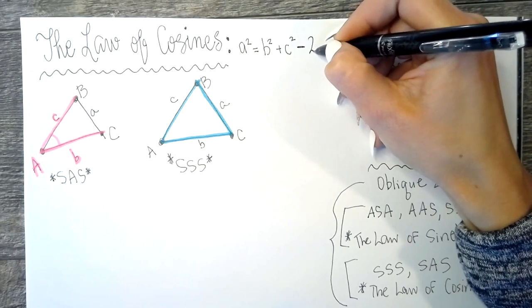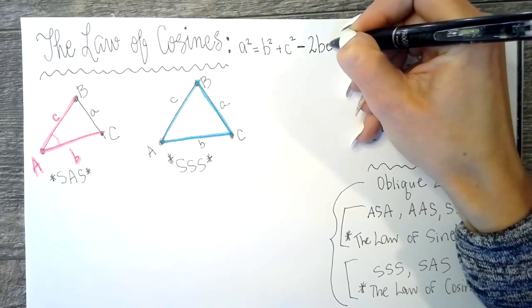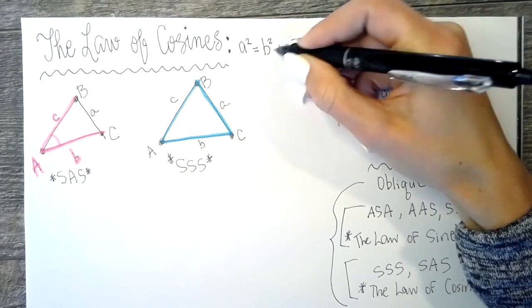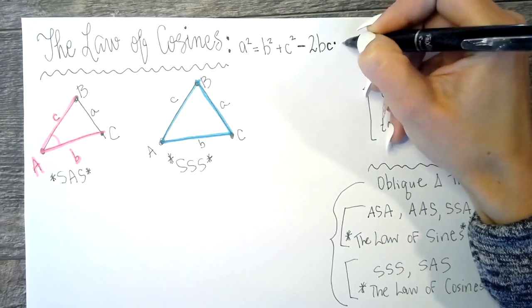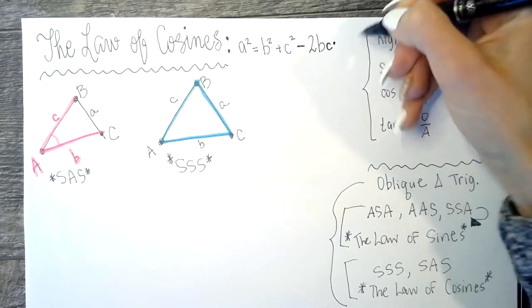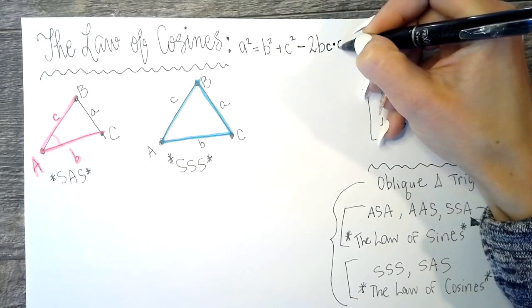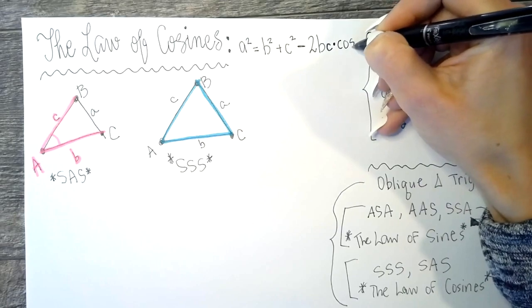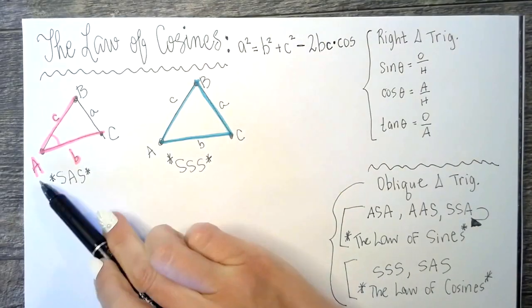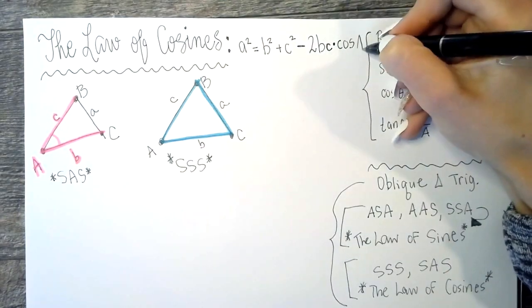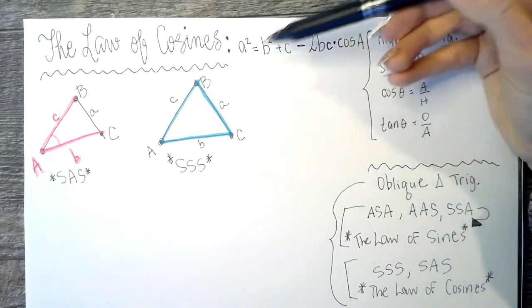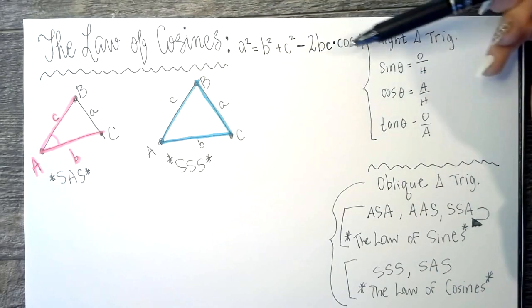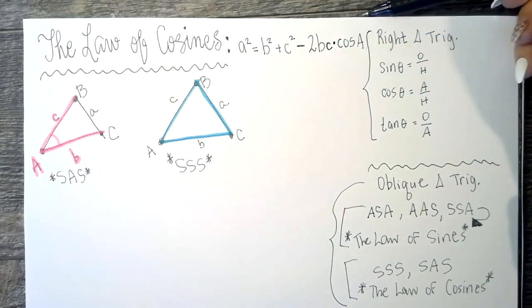Okay, now minus 2bc comes next. I like to think of the minus sign as a line of symmetry because there's this weird type of symmetry that I see, but you guys know how my head works at this point. And multiplication, careful, between 2bc cosine A, okay? Now, what is this symmetry I'm babbling about here? I have a at the beginning of my equation. I have A at the end of my equation.